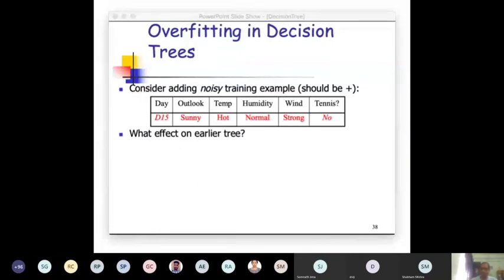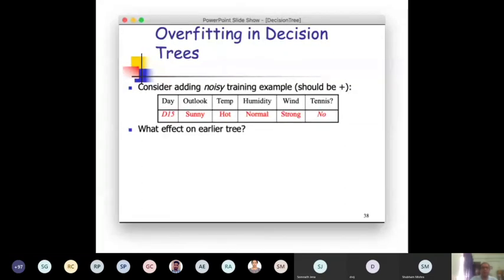As you remember, let us have an additional example, and you see that the additional example is sunny, hot, normal, strong, no. Now this is a new example we assume, and there we can find out from the attribute values that probably this is erroneous.